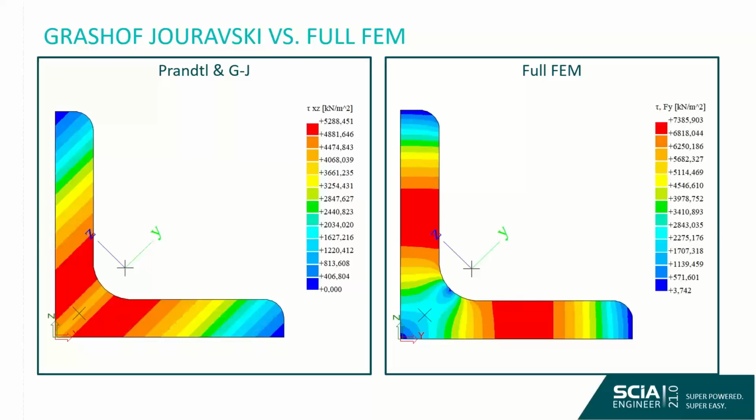You also instinctively see that the full FEM has a logical stress distribution of this parabolic rising and falling of the stress in each of the flanges of our L section, whereas the Grasov-Juravsky distribution is just making this parabolic shape and then dividing it through the width of the available material. So in this corner, it's decreasing a little bit again, and it's seeing this as if this section is somehow working together like that. But it's not valid because it's not a symmetrical section. So we get a wrong output value.